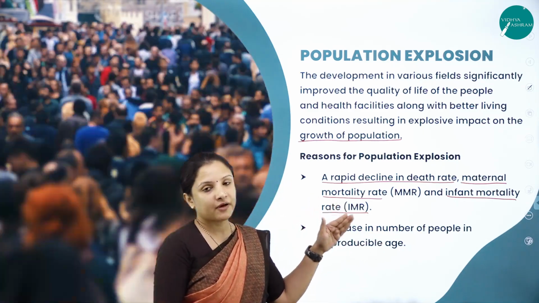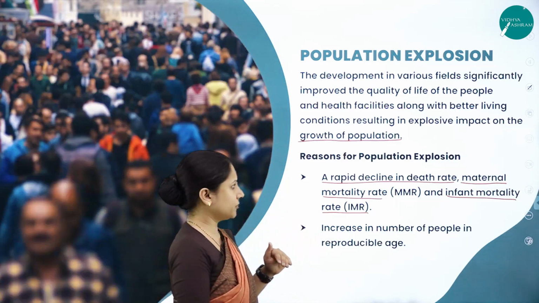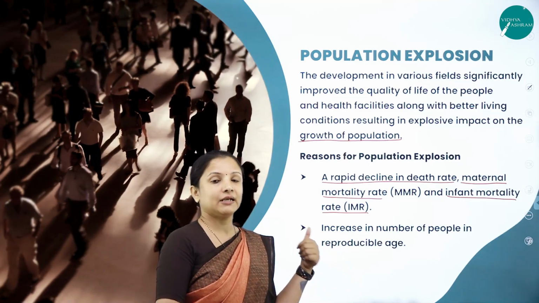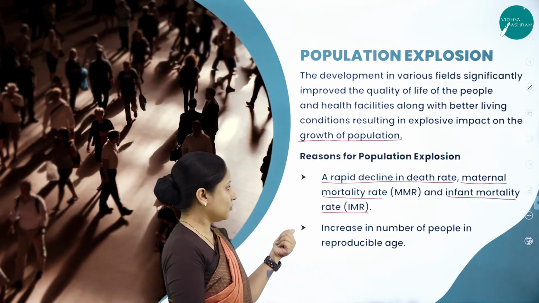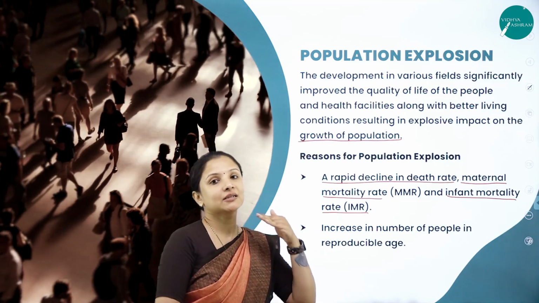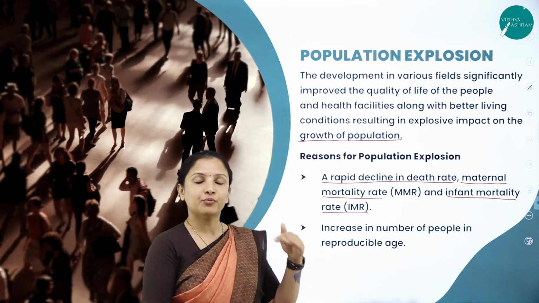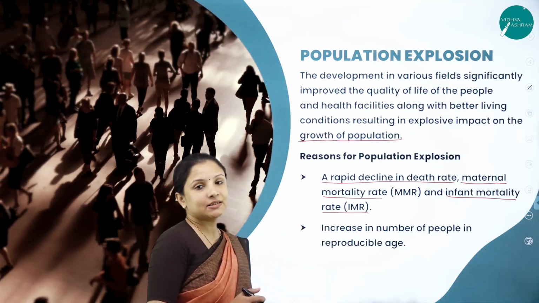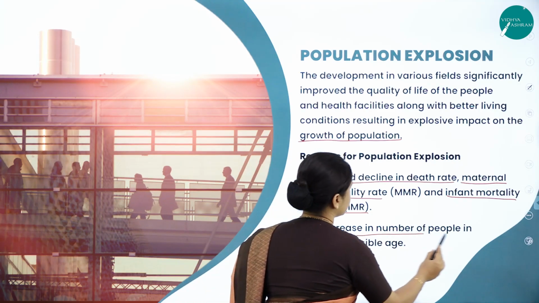But now the infant mortality rate has also come down, and all these, that is the decline in the death rate, be it the maternal mortality rate or the infant mortality rate, because of a drastic decrease in both of these, the population started to increase. And also there is an increase in the number of people of reproducible age.